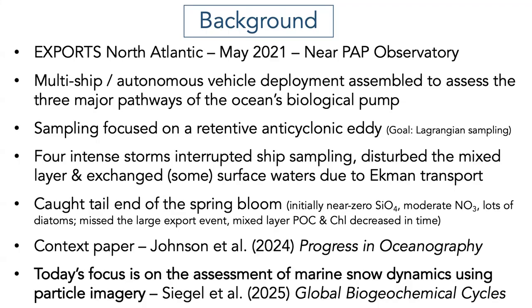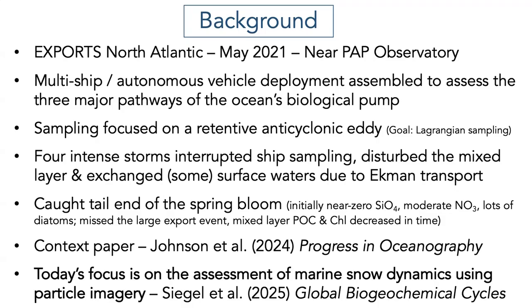During the cruise we had four intense storms, all greater than 40 knots, some with waves in excess of 5 meters. It interrupted ship sampling. It just disturbed the mixed layer and exchanged some surface waters due to Ekman transport. And it's part of the story I'm going to talk about.